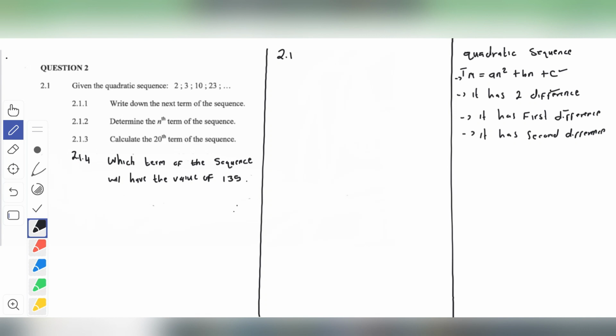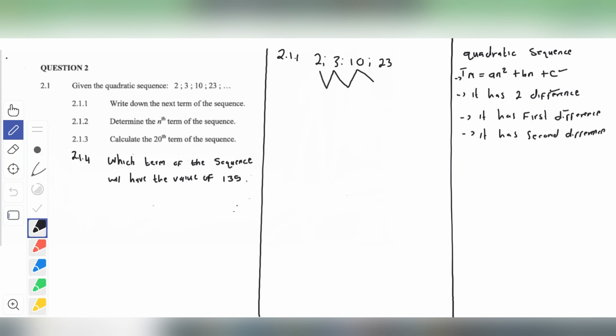So now let's do the questions. Let's try to answer these questions. The first question says, write down the next term of the sequence, right? We are given 2, 3, 10, and 23. So how do we find the next term?